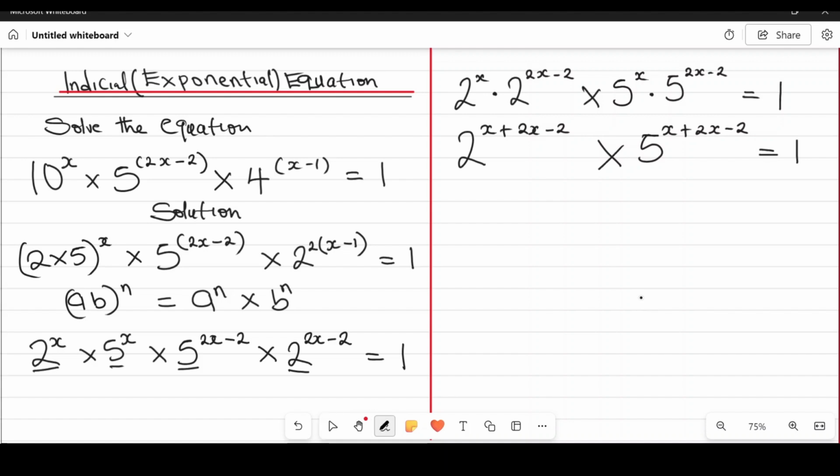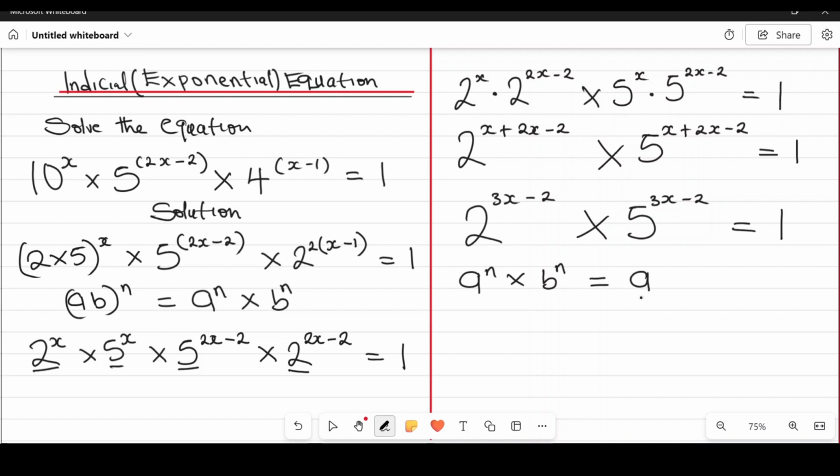So at this point, I'm going to have 2 to the power of 3x minus 2 times 5 to the power of 3x minus 2 equal to 1. Again, if we check out here, we have different bases, but we have the same power. Also, we know that from our product power law, if I have A to the power of n times B to the power of n, this can be expressed as A multiplied by B all to the power of n.